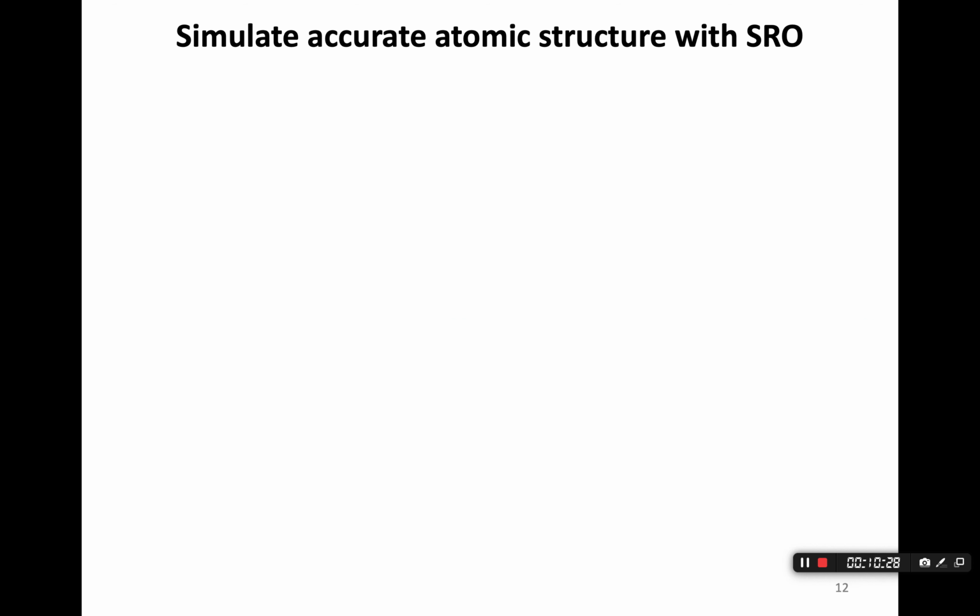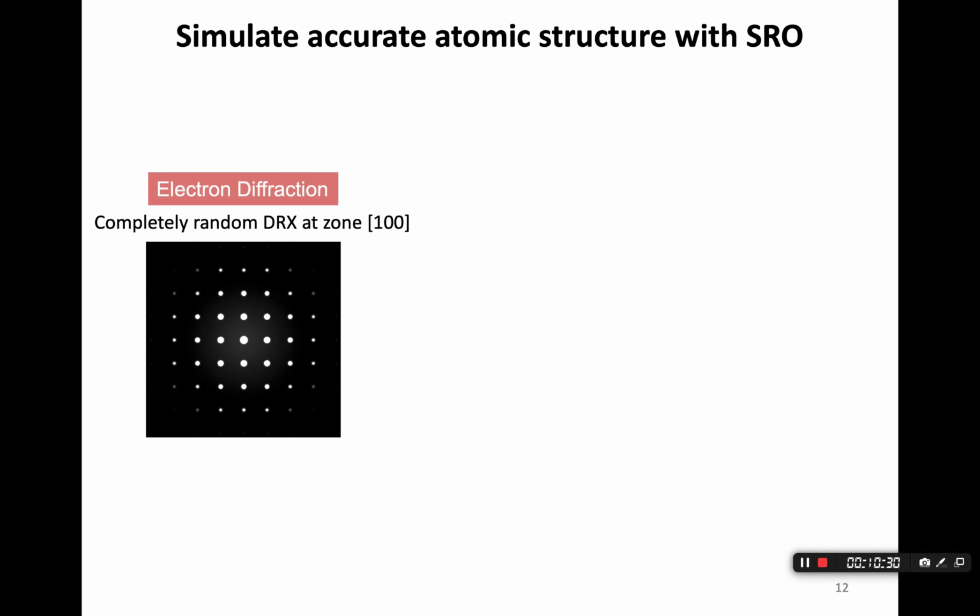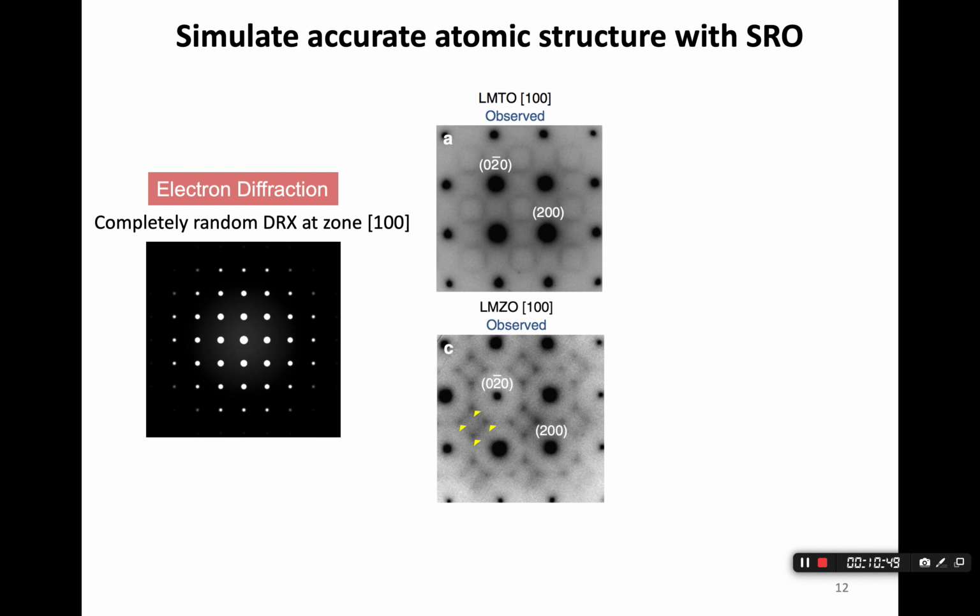And from this kind of framework, we know that in random structures we only have these long-range diffraction pools. So we simulate the random structures using this framework and have a consistent observation of a random lattice with only long-range ordered pools. At the same time, we are also able to reproduce what we see in experiment.